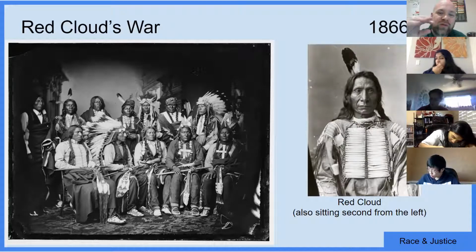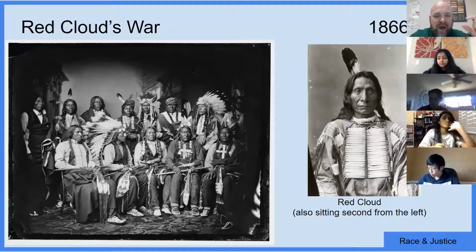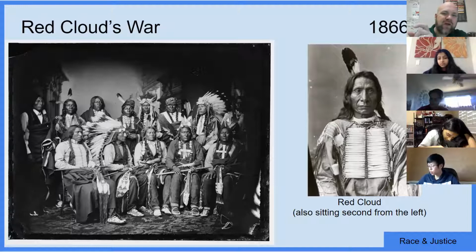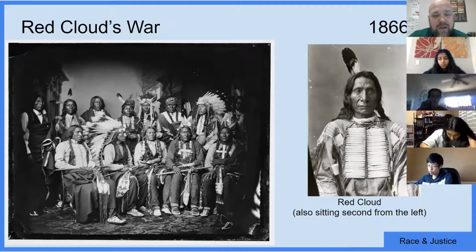So each tribe was treated like a nation. You would sign a treaty with this tribe giving them this piece of land, and with this tribe giving them this piece of land, and this tribe giving them this piece of land. Each tribe was treated as its own nation, and so they were negotiated individually. Red Cloud represents the Sioux, and the Sioux had negotiated individually in the past. Okay.